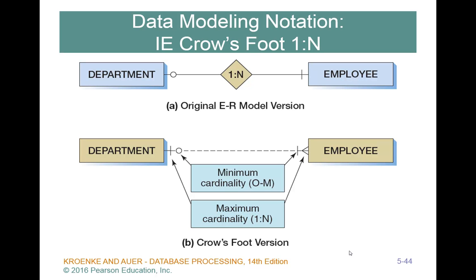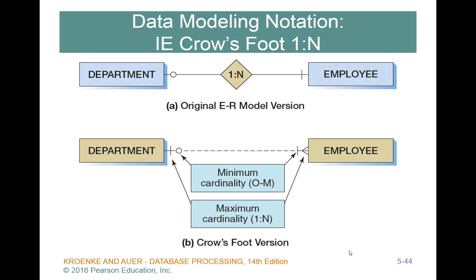And going back the other way, if you have an employee, it does not have to be assigned to a department. However, if it is assigned to a department, it's only going to be assigned to one. Okay, that's the maximum number it can be associated with a department.